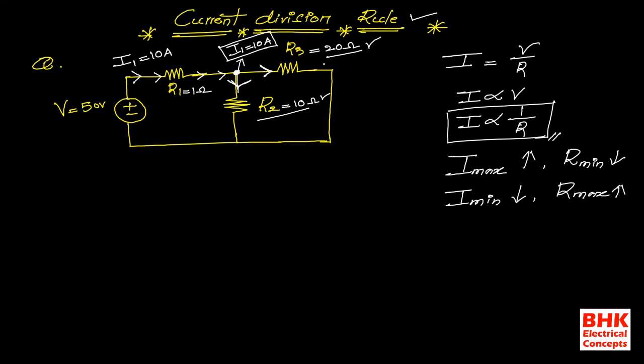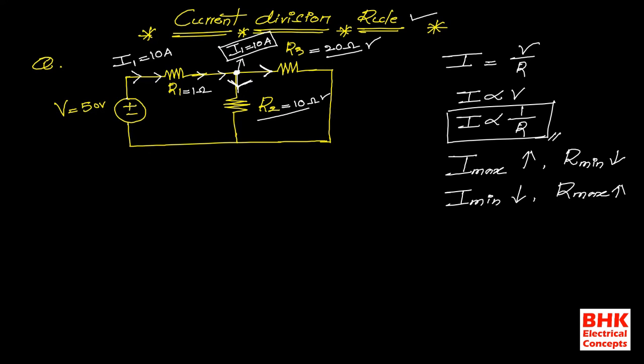So definitely the current flowing in R2 is always more when compared to the current flowing in R3. But 10 ampere of current is available at this point, so if you calculate the current flowing in R2 and the current flowing in R3 and add these two, you will get the value of what?